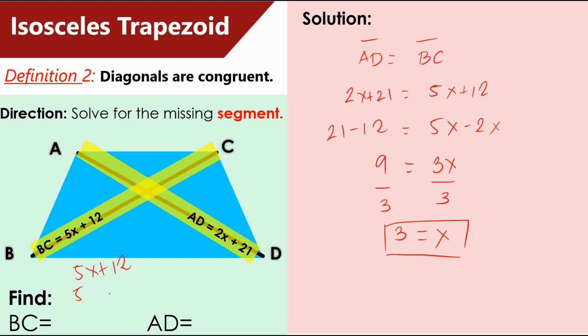Substituting the value of x that we solved a while ago, this is equal to 3. And then get the product. So 5 times 3 is 15 plus 12. That would mean the measurement of segment BC is equal to 27 units. Okay, by applying definition number 2, we can assume that segment AD is also equal to 27 units.